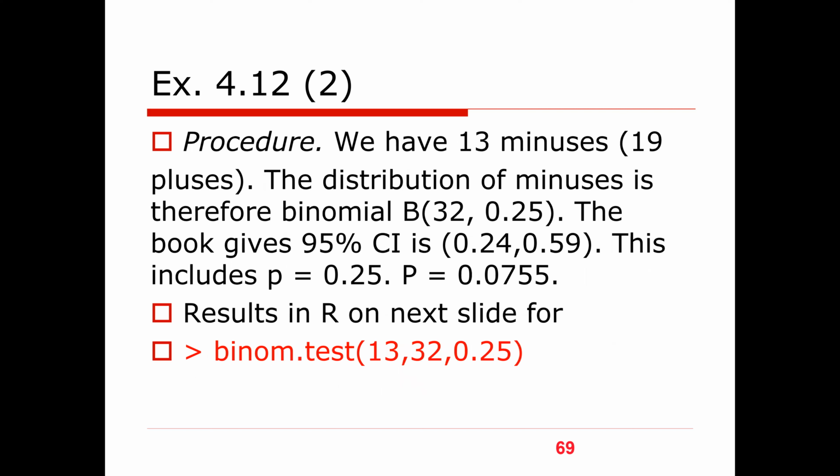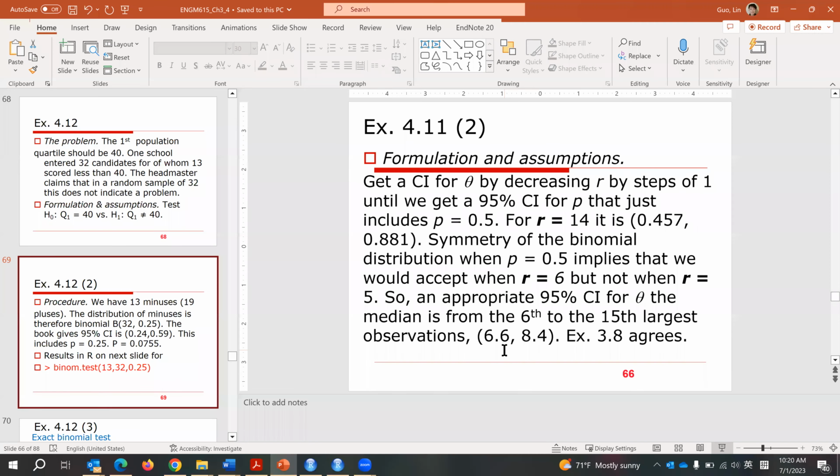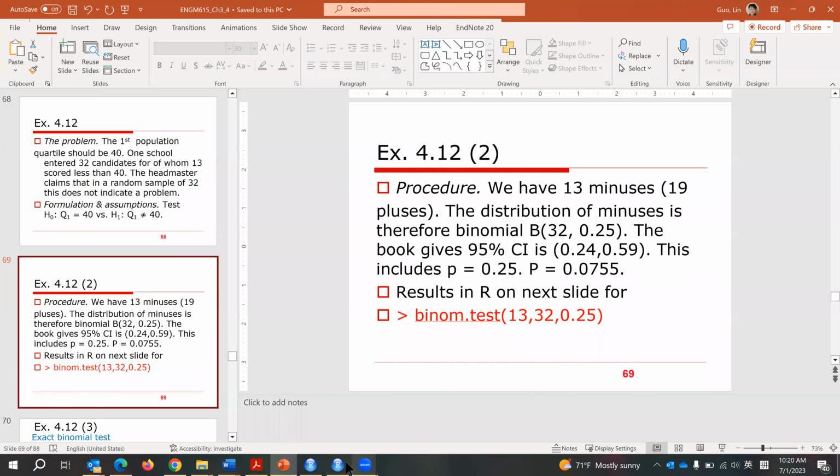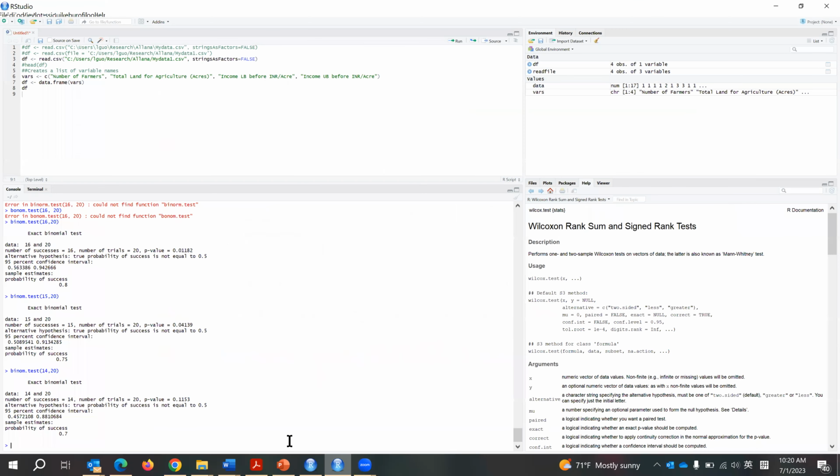So for R, we can use this binom.test, 13 out of 32 and 0.25 quartile probability to get the result. Let's go there. 13, 32, binom.test, 13 out of 32.